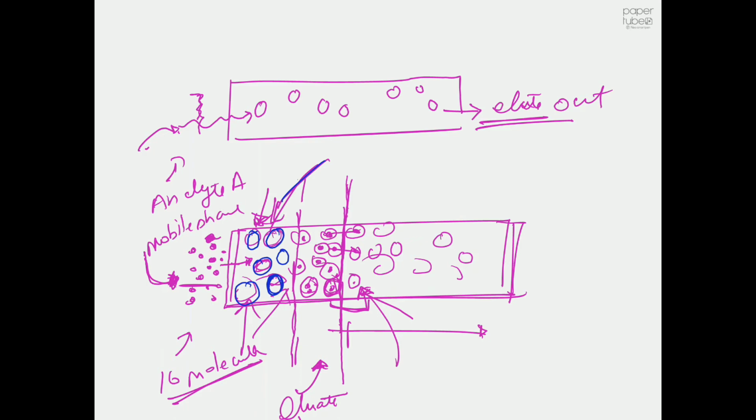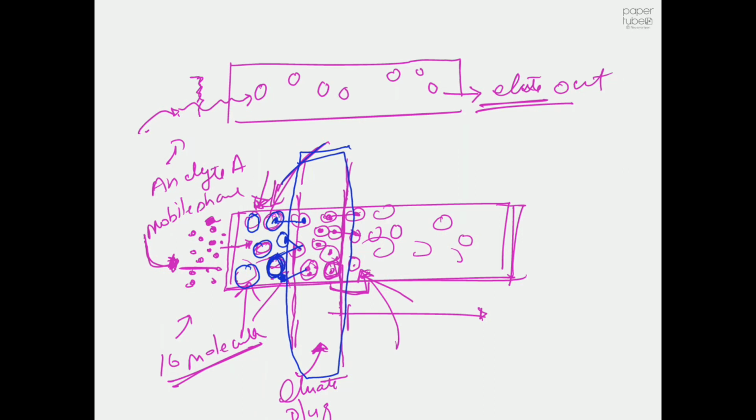So follow the blue pen. Even if you have a concentrated eluate plug at the middle of your column, your adsorbed solute particles will slightly diffuse back to the silica particles which are free of your analytes. So some of these silica particles will again be adsorbed with analyte molecules. Keep those things in mind.